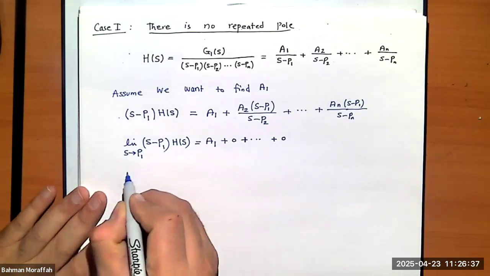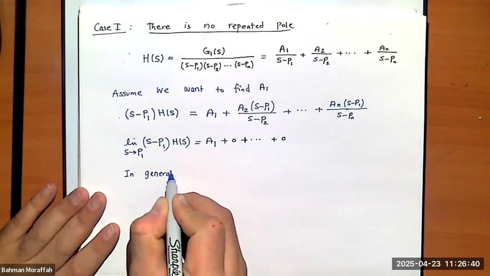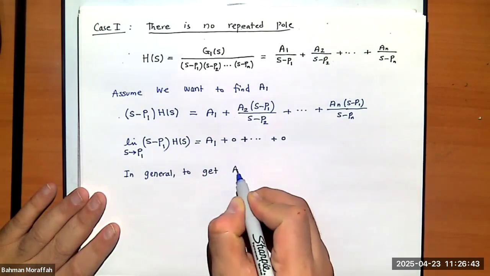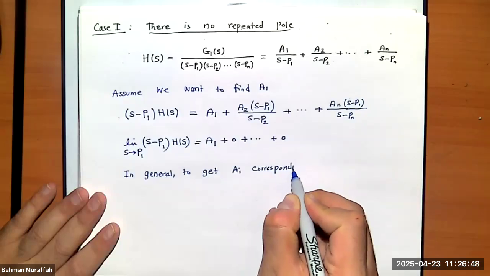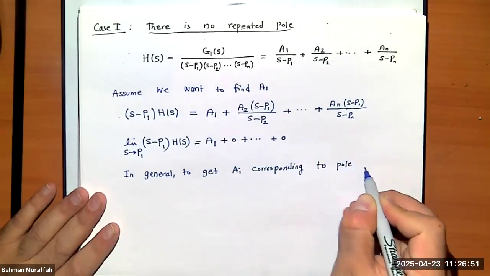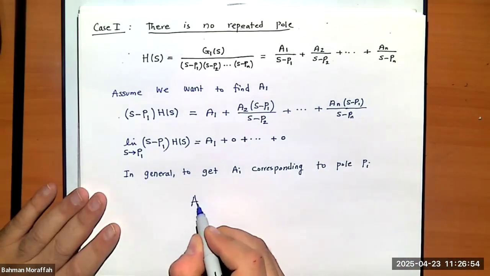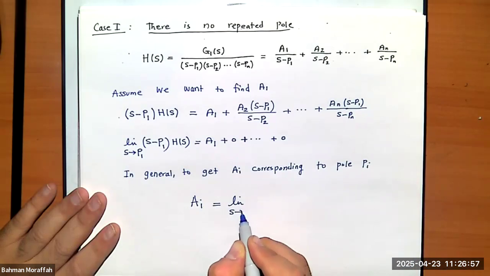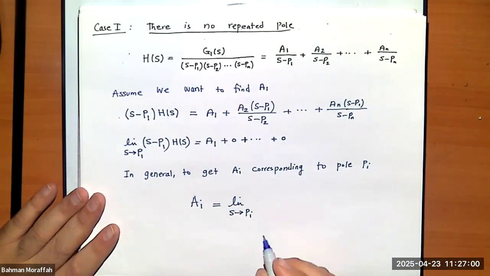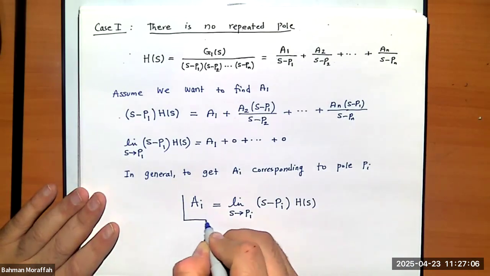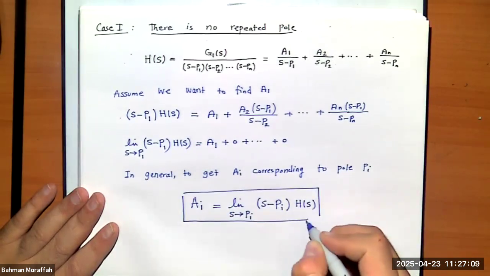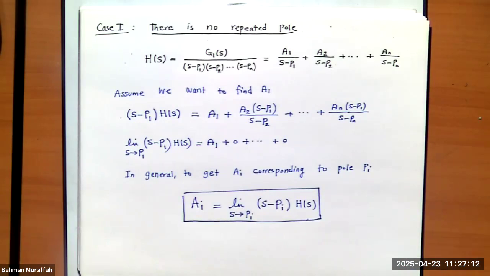So in general, to get coefficient Ai, which corresponds to pole pi, it is the limit as S goes to the pole pi of S minus pi times H of S. And as soon as I know exactly H of S, I can find H of t.